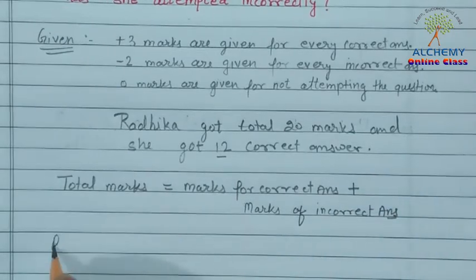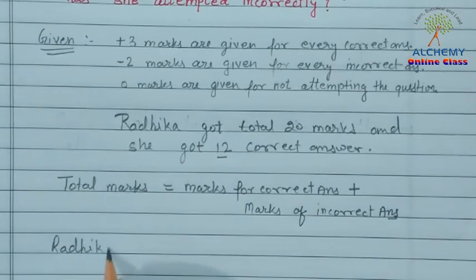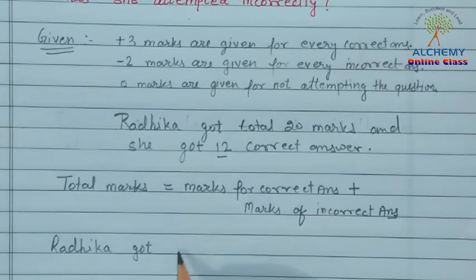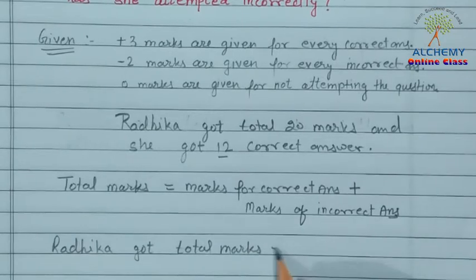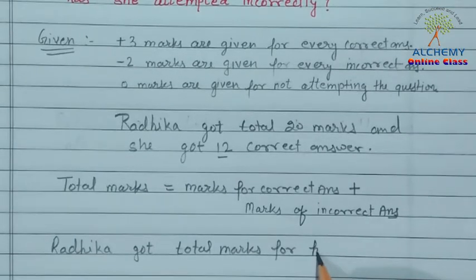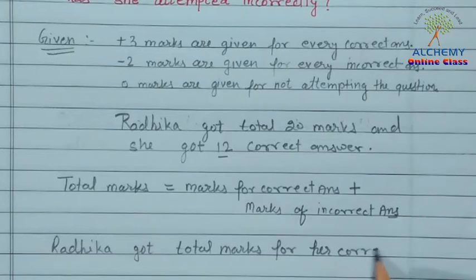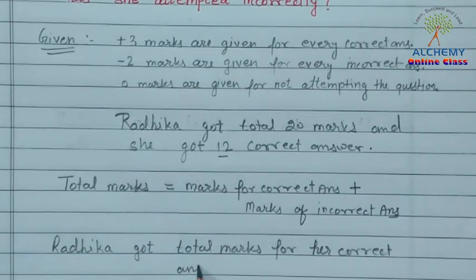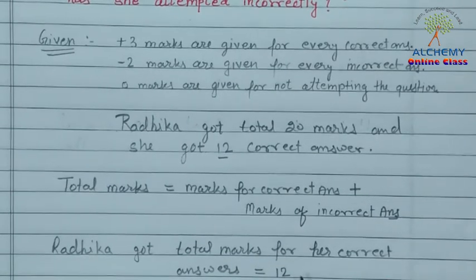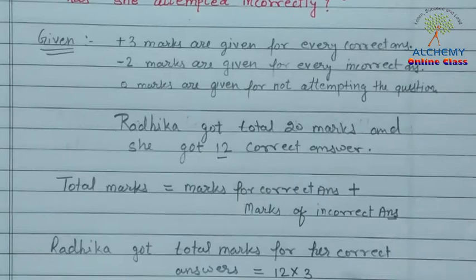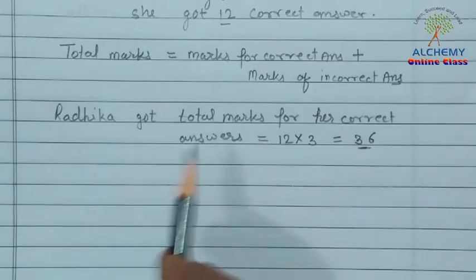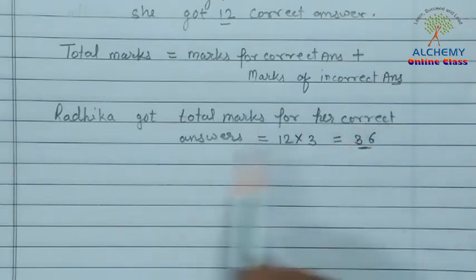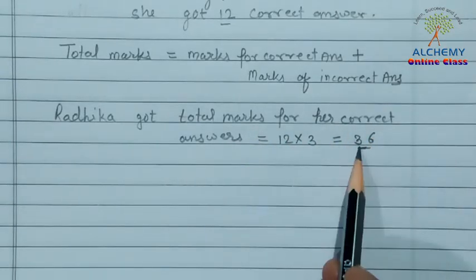So Radhika got total marks for her correct answers is equal to 12 into 3 is equal to 36. So Radhika got total marks for her correct answer is equal to 36.